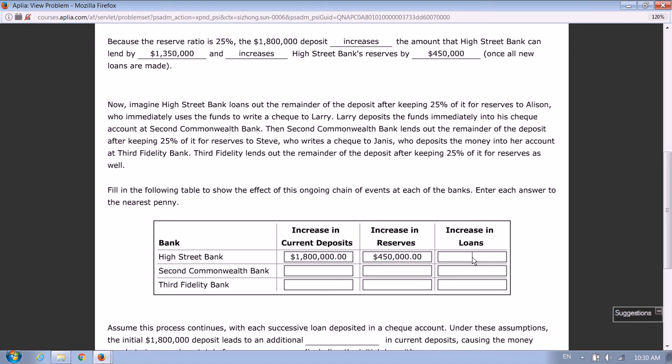Increase in reserves, 450,000. Increase in loans, $1.35 million.